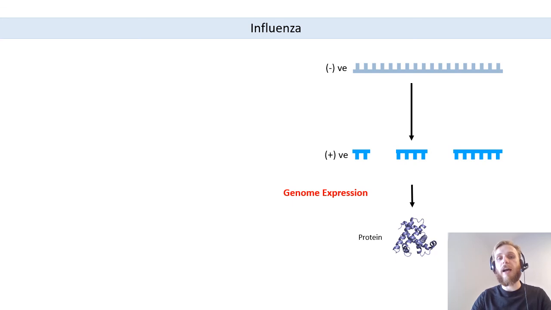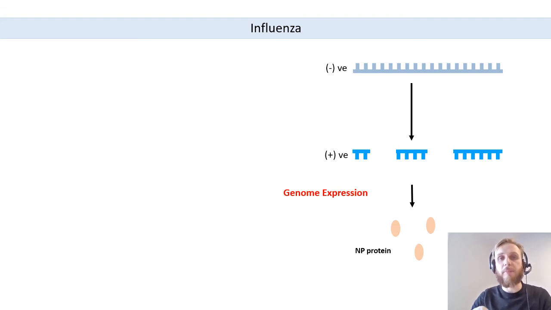So let's have a look at how this virus switches from genome expression to genome replication. It expresses its genome by the mechanism we've just looked at, the production of subgenomic positive RNA fragments from the genome, and then these subgenomic fragments are translated into protein.